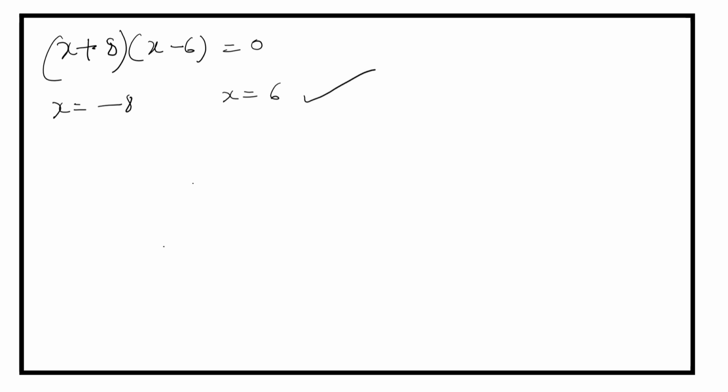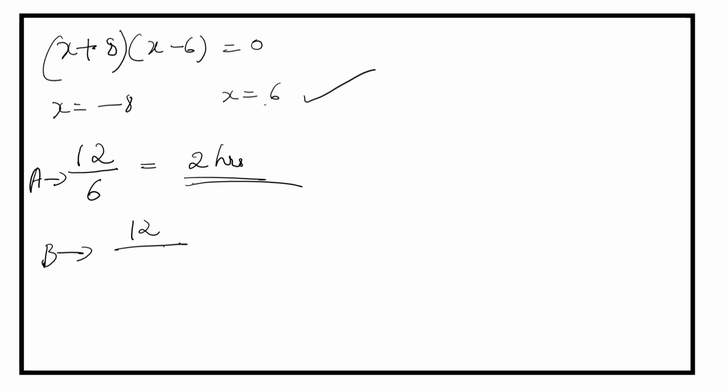Now distance travelled by both of them is 12. Now let us calculate the time taken by A. His speed is 6. So 2 hours. Time taken by A is 2 hours. Now let us calculate the time taken by B to reach office, 12 by x plus 2.